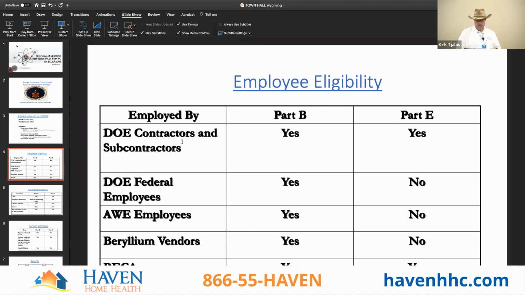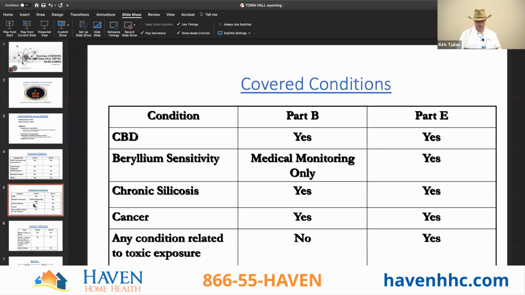It depends on where you worked and who you worked for, whether you were a prime contractor or a subcontractor, what years the facility is part of it, and whether you were part of atomic weapons employees, beryllium vendors, or RECA. Then there are certain covered conditions.